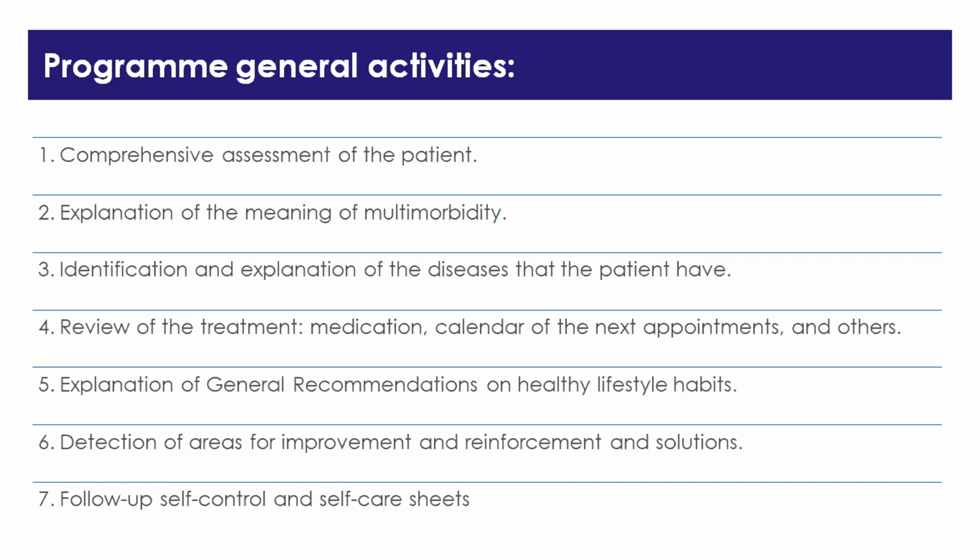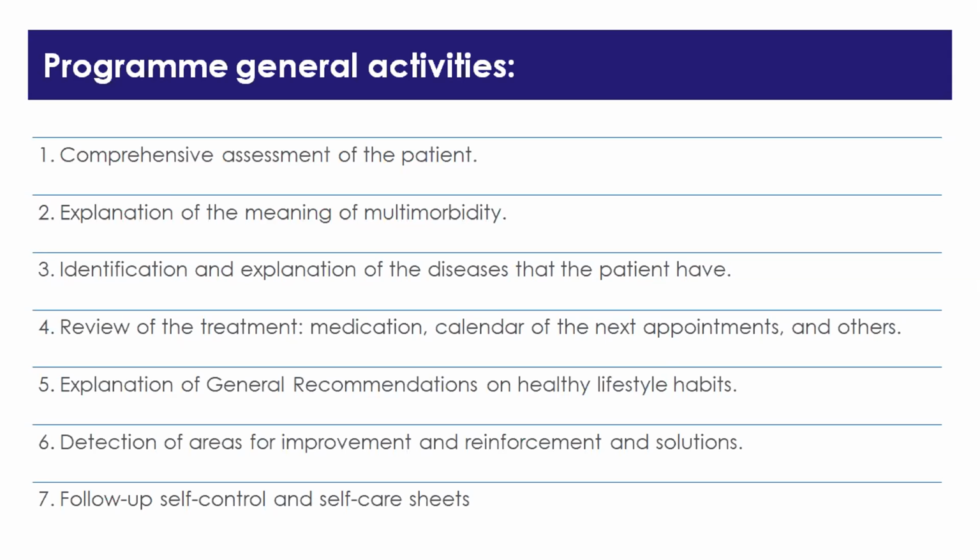That can help a healthcare professional to know the patient better and to see which are the problems, how to solve these problems, agree on some purposes, make changes, and empower them. Then they explain what it is to be a multimorbid patient.